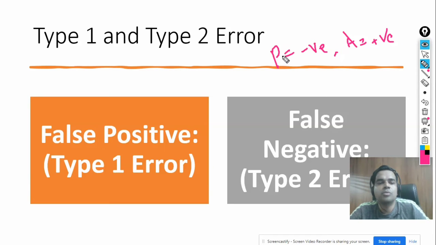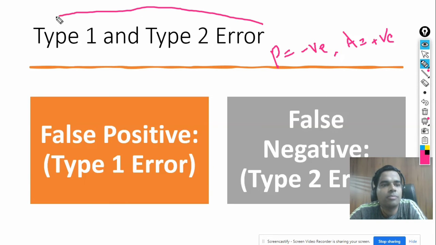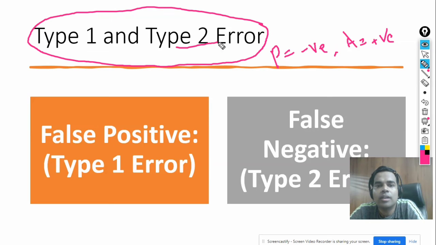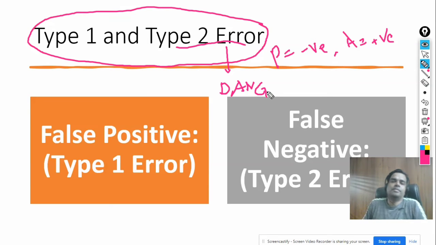And of these type 1 and type 2 errors, type 2 error is considered the most dangerous. Because see, if a person doesn't have cancer, but actually he has cancer, the same logic applies.